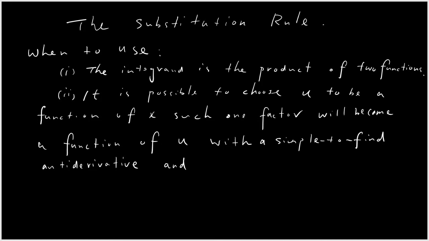One factor, after choosing u properly, will become a function of u with easy to find antiderivative. And the other factor is the derivative of u multiplied by a constant.